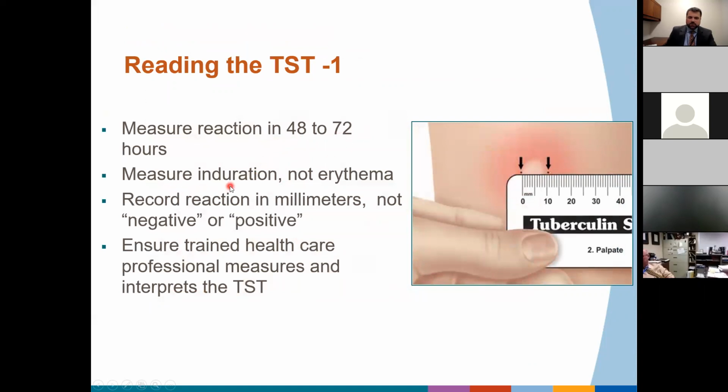You're measuring the induration, not the erythema. When you measure it, you don't just say it's positive or negative, you want to measure how many millimeters. You want to use your finger at the site and see if you can feel the induration. So you're not measuring the erythema, you're measuring the induration.